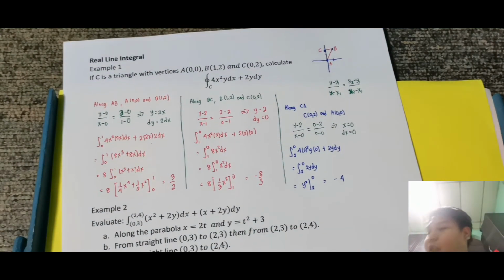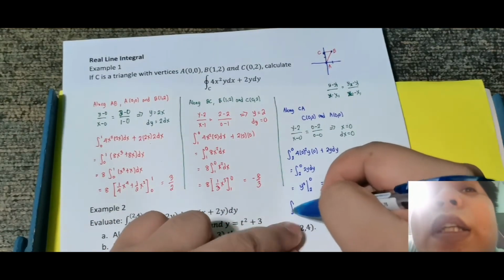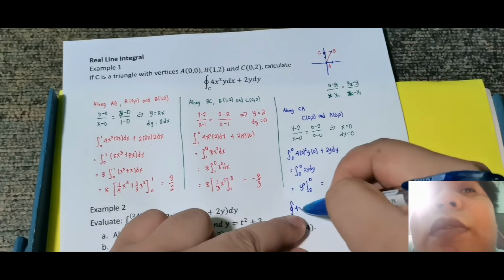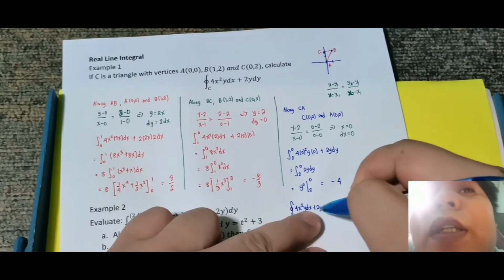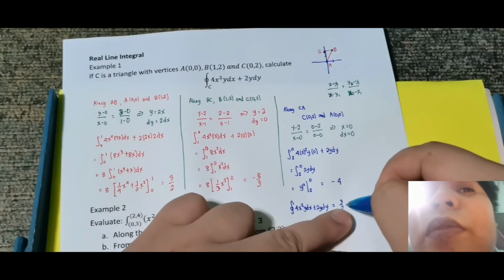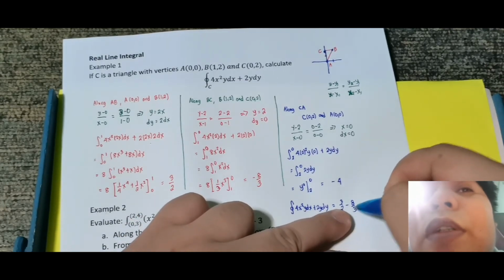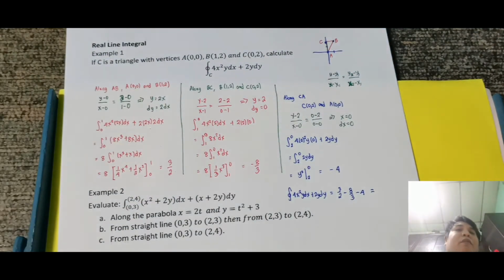Okay, so therefore ano yung integral natin? Ang integral natin, so therefore ang integral ng 4x squared y dx plus 2y dy is equal sa 3 over 2 minus 8 over 3 minus 4, which is the line integral.